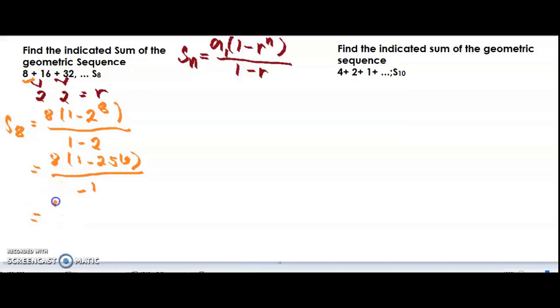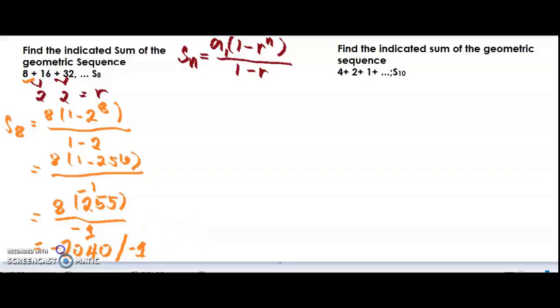So we now have 8. Simplifying the numbers inside the parentheses, we now have negative 255, right? And then we just need to multiply 8 to 255. So 255 times 8 is equal to negative 2040 over negative 1.